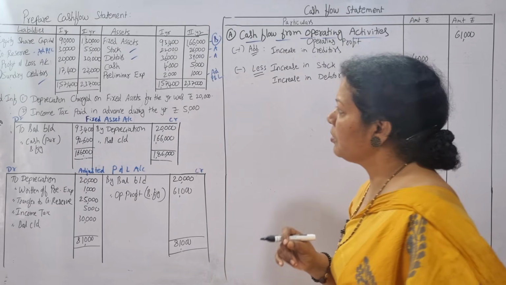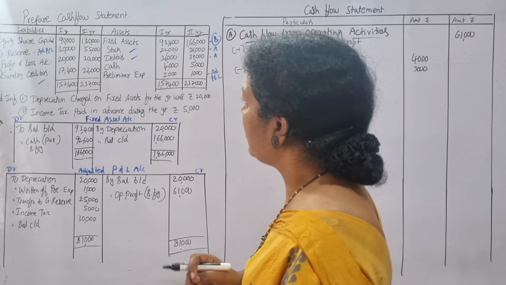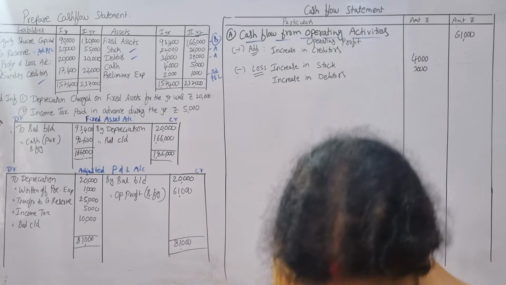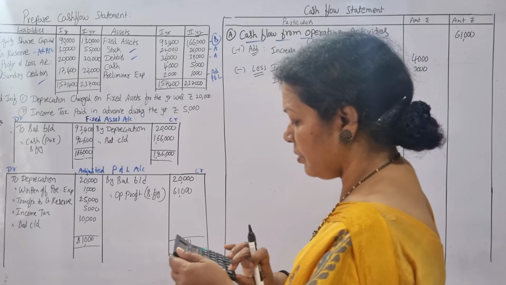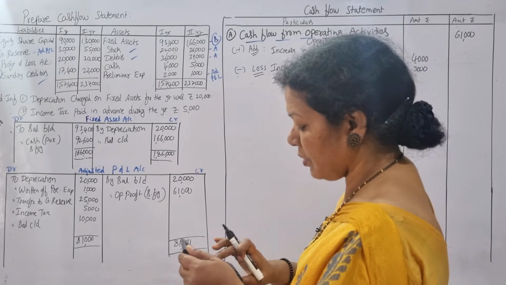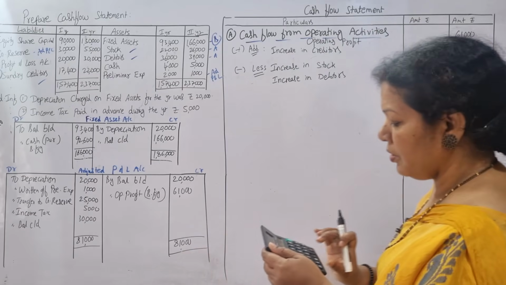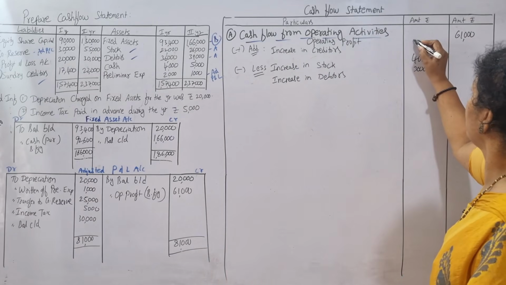Creditors, how much is it? 17,400 and 22,000. 22,000 minus 17,400 is 4,600.